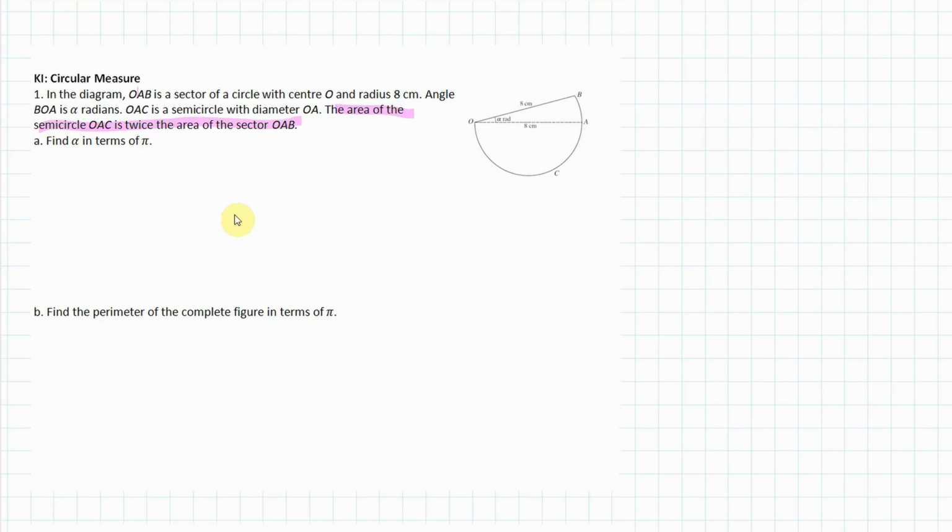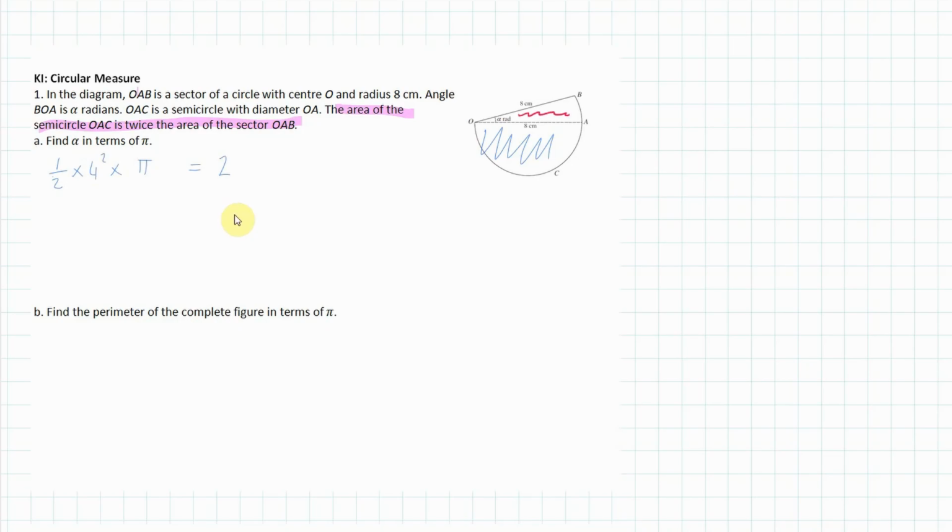Okay, well, the area of the semicircle is half r squared theta, so this blue bit here is half times 4 squared times theta, which is pi in this case. Now we know that the area of the semicircle is twice the area of this top bit here.